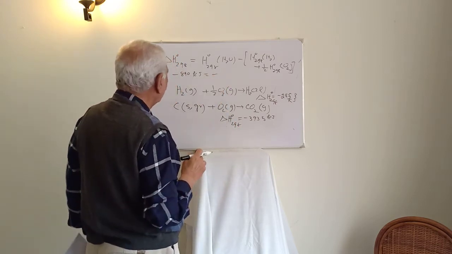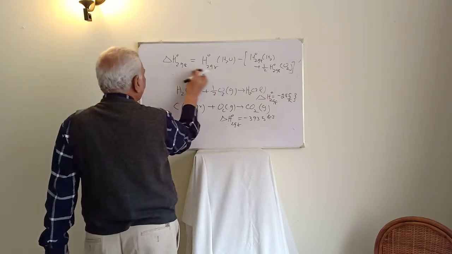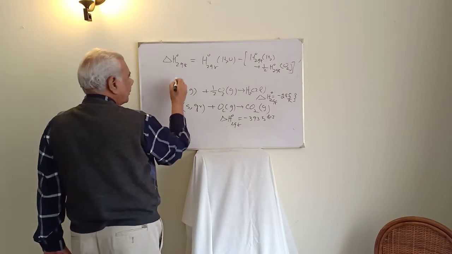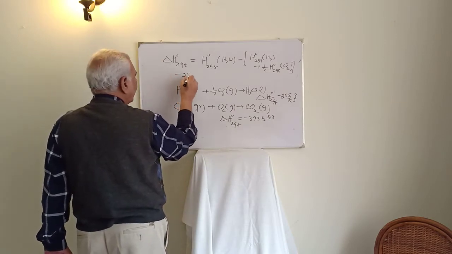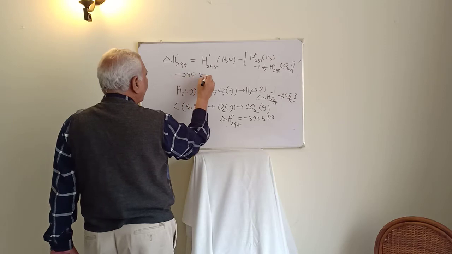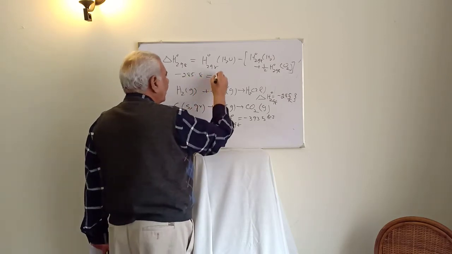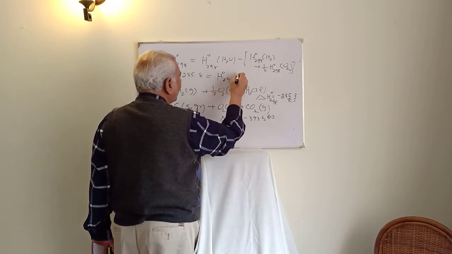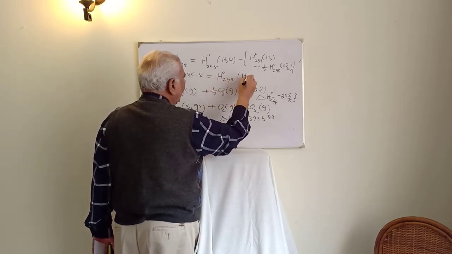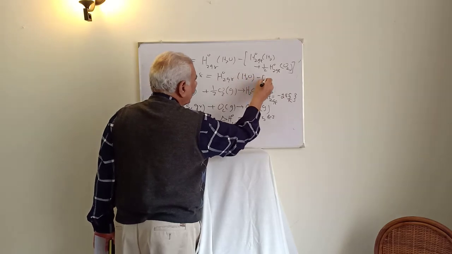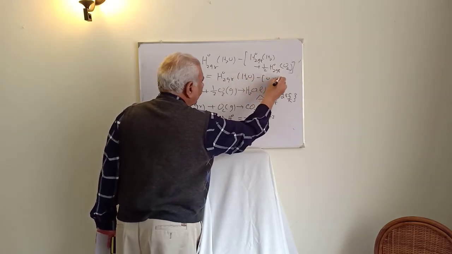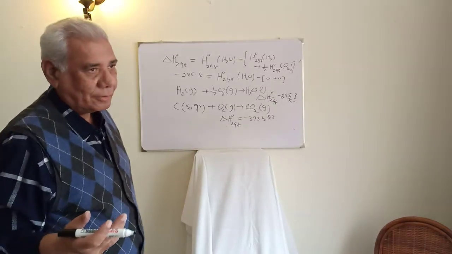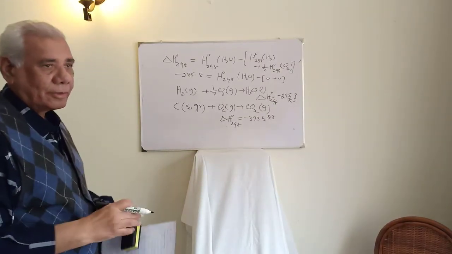Sorry, I am writing for this reaction: minus 285.8 is H naught 298 of H2O minus 0 plus 0, because hydrogen is an element and oxygen is an element.